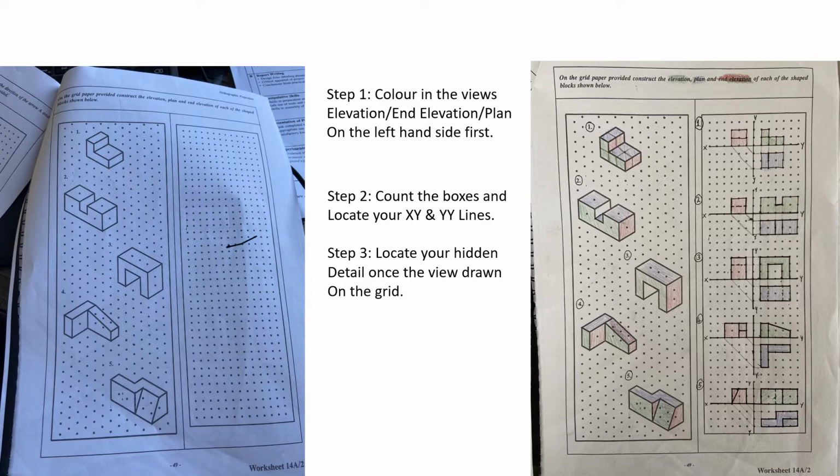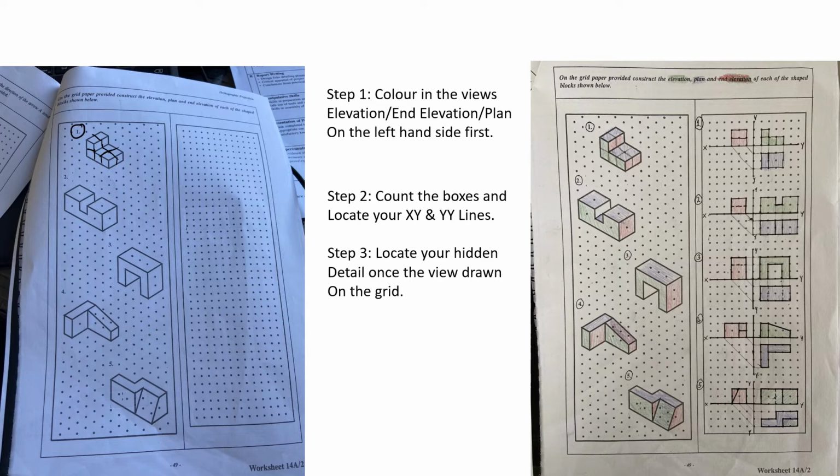So for question 1, what I usually do with these ones, because the blocks aren't that easy to see, is with a light pencil, just stroke over the box to make actual boxes out of them, and it makes it easier to actually draw in the final solution on the right hand side.